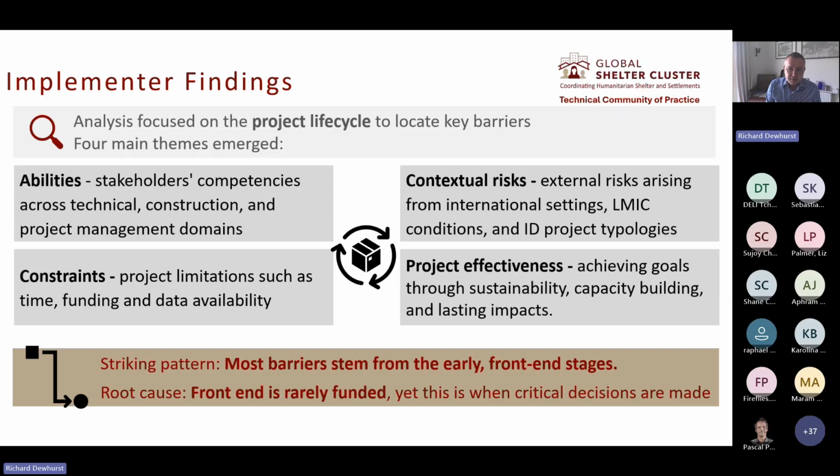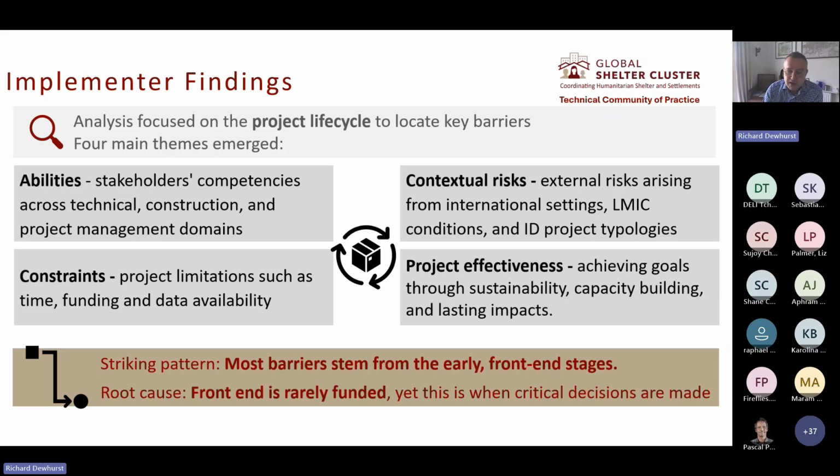The second, constraints, limitations such as insufficient time, insufficient funding, data availability. And then we had contextual risks, which arise from the international nature, working internationally, working in lower middle income countries and resource scarce environments, and the typological challenges of international development projects themselves, such as the complex networks of stakeholders.